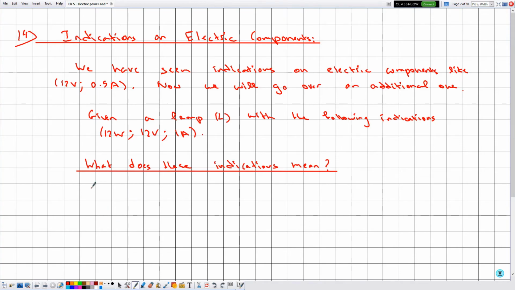Now it's left to explain what is meant by 12 watts. So this is simply the rated power consumed by the lamp L under normal functioning.